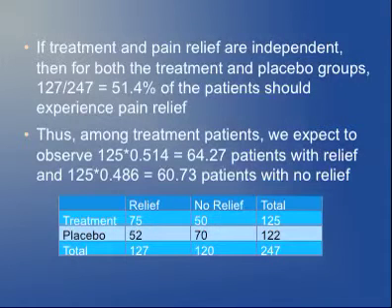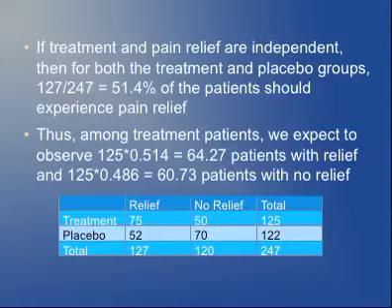So we'll just create a little 2x2 table here. There are 75 in the treatment group who had pain relief, 50 in the treatment group who didn't have pain relief. In the placebo group, there were 52 with pain relief, 70 without pain relief. So if we assume that these two categories are independent of one another, then a total of 127 out of 247 people experienced pain relief.